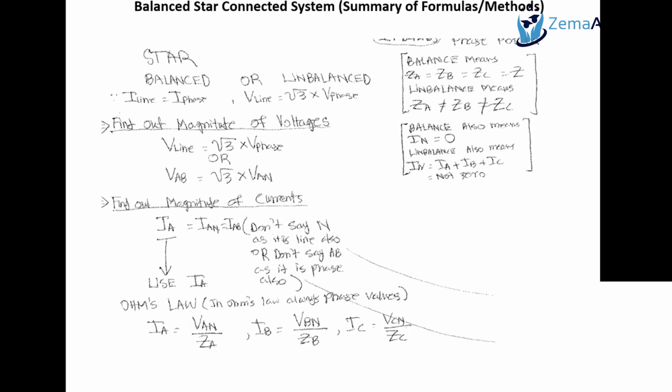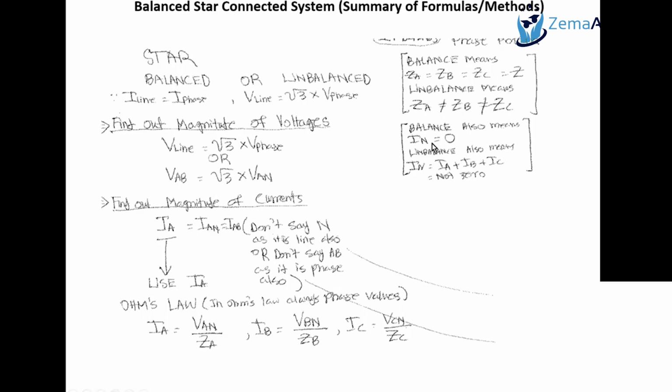So in the star connection, we have either balanced or unbalanced system. The balanced system means all impedances are equal to each other, as you can see here. The unbalanced system means that one or all of the impedances are not equal to each other, like this.